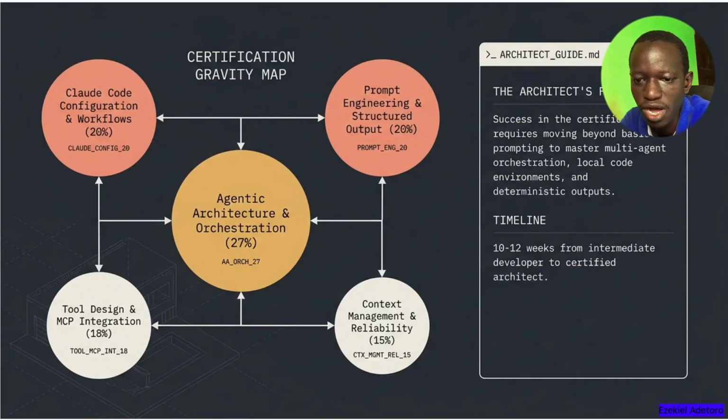And we also have the tool design and MCP integration, that makes up 18% of the examination. And lastly, we have the context management and reliability, that also makes up 15% of the examination. So this is the makeup of the examination.